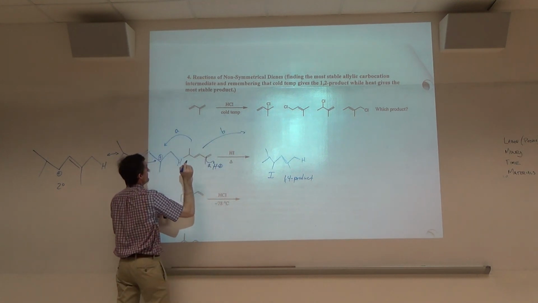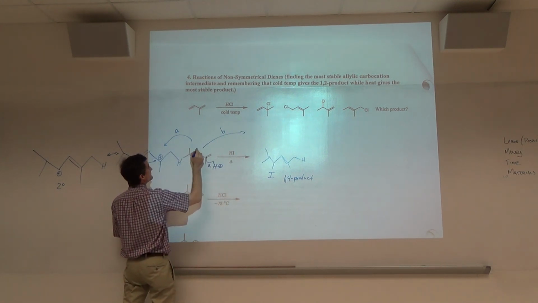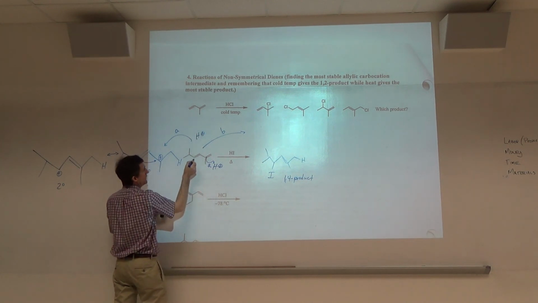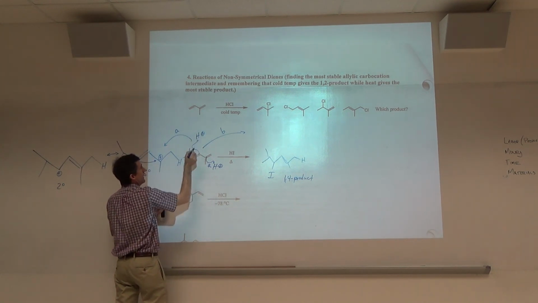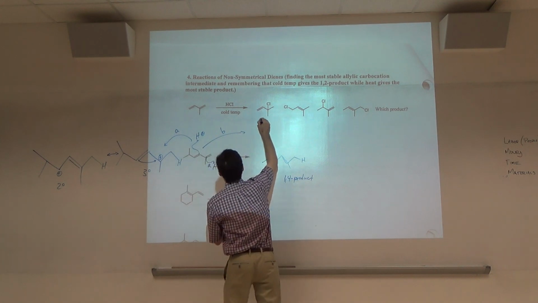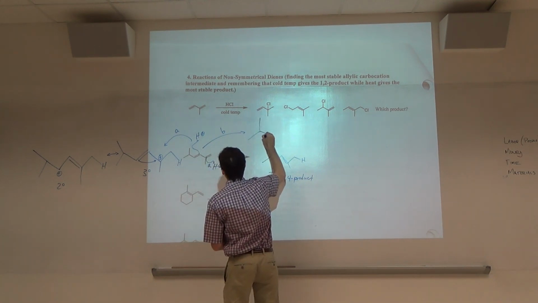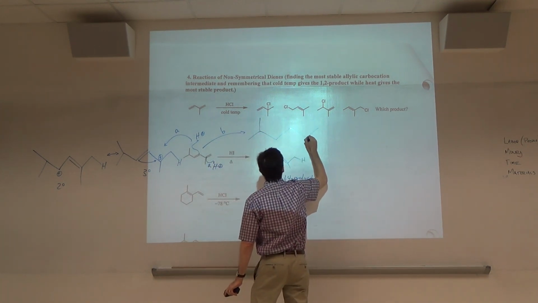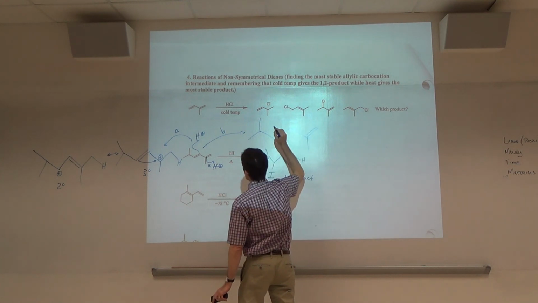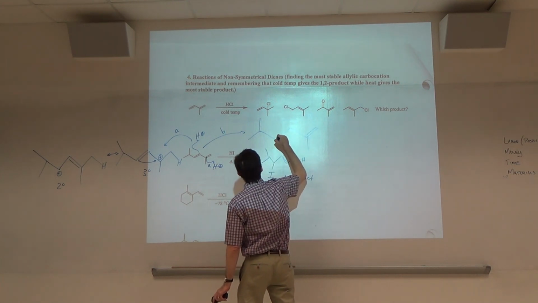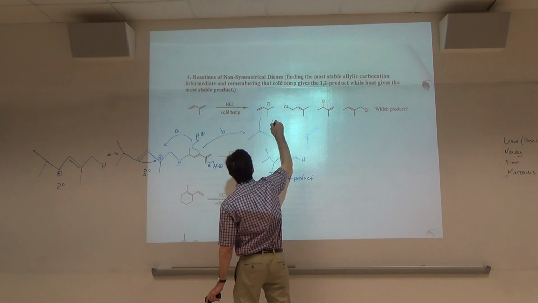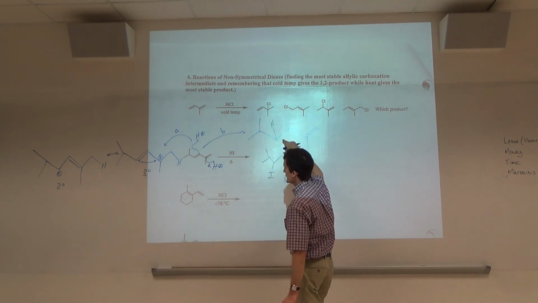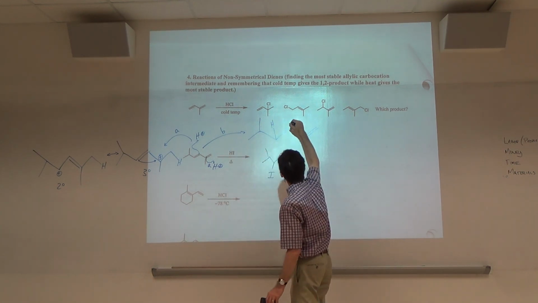If I did the B possibility, I would get a new H there. That's an ugly bond angle, but I'll draw it up. Plus here.